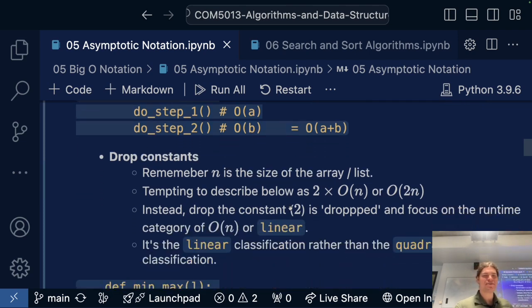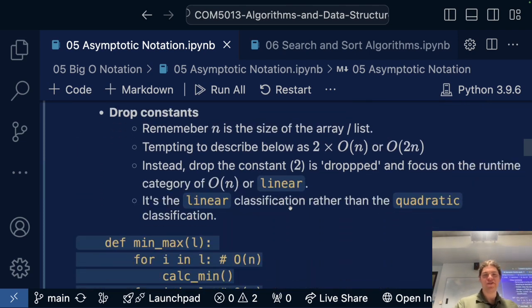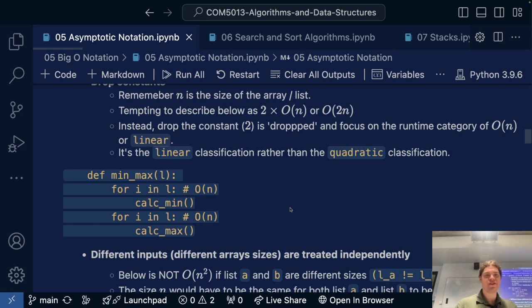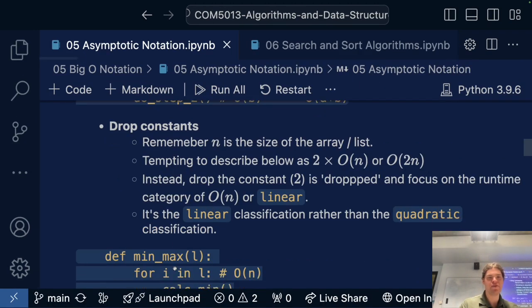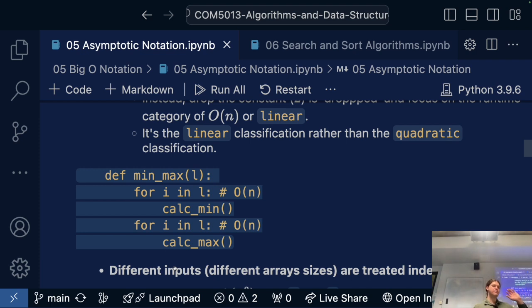Okay, let's talk about the next point, which is dropping the constants. Let's have a look at this. So let's imagine that we've got this function here. Let me zoom in so you can see it. Let's find both the minimum value in the list and the maximum value of the list. So here we go. We've got a for loop. For i in L, read that as for every element in L, list, L for list.